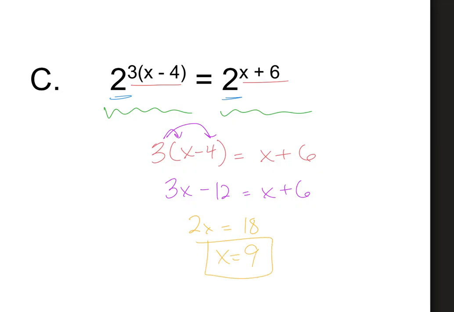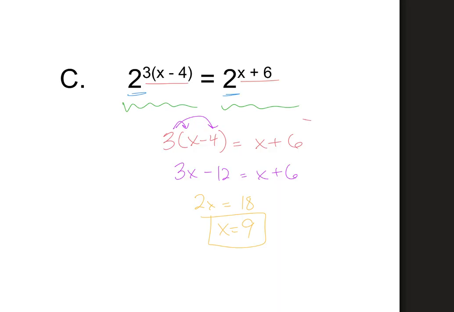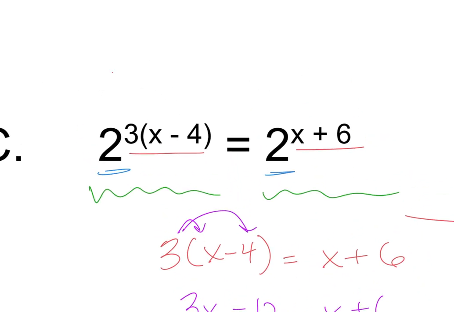And if you're like, I don't know if I agree with that, well, one, I don't know how you could disagree with my algebra here, but hey, that's fine. If you're like, I don't know, then take that 9 and plug it back in. 2 to the 3 times 9 minus 4 power. Does that equal 2 to the 9 plus 6 power? Oh, interesting.